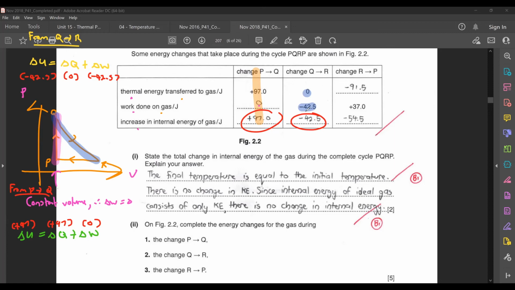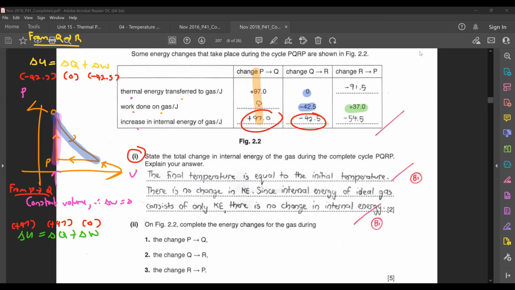Now the last part is where you have to make use of what you just did here, where we tell you the change in internal energy of the whole cycle is 0. They told you that work done on gas is plus 37, but they gave you 2 blanks. What is the thermal energy transfer? What is the increase in internal energy of the gas?